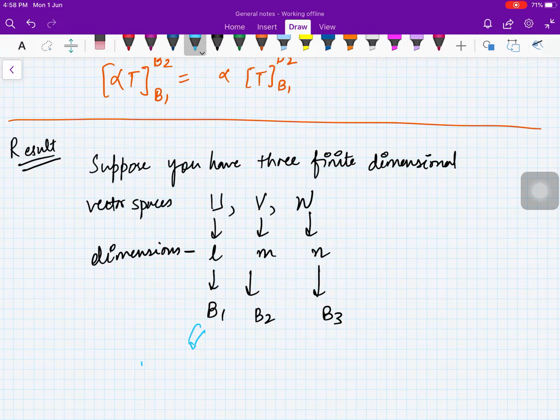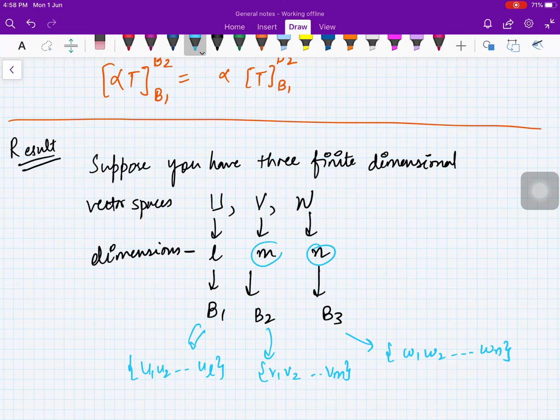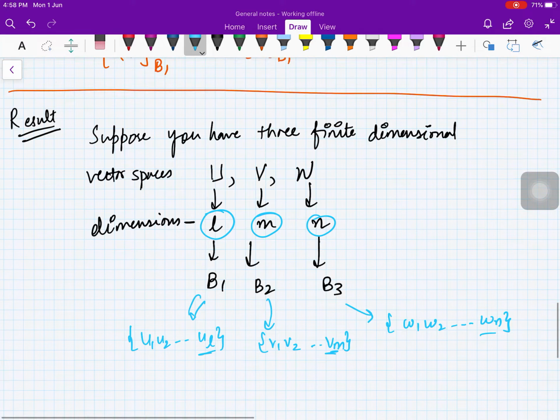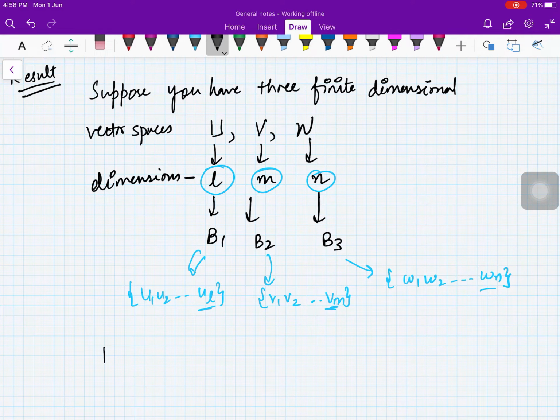So you can assume that B1 is U1, U2, ..., UL. You can assume that B2 is V1, V2, ..., Vm, and here you can assume W1, W2, ..., Wn. Whatever the dimension is, that is the number of elements in the basis.